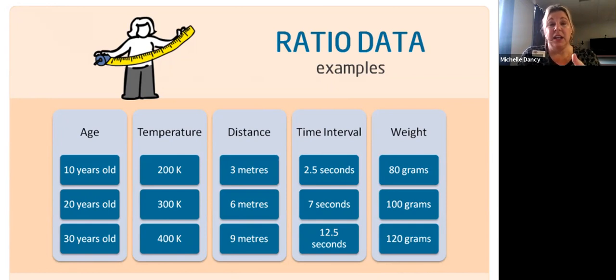Time as in 1980 versus 1990. If I'm talking about time as in how long it took somebody to do something, that does have a true 0. So make sure you read carefully when you're looking at examples and that you really think about, is there an absolute 0 or a true 0?